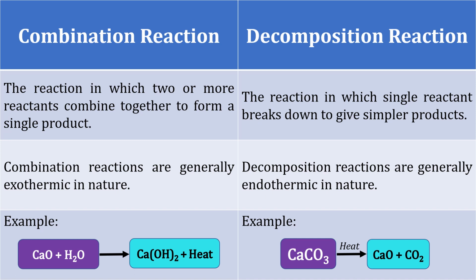Decomposition reactions are generally endothermic in nature. Now let's look at an example for combination. Calcium oxide plus water gives calcium hydroxide with evolution of heat. For decomposition reaction, calcium carbonate on heating gives calcium oxide and carbon dioxide.